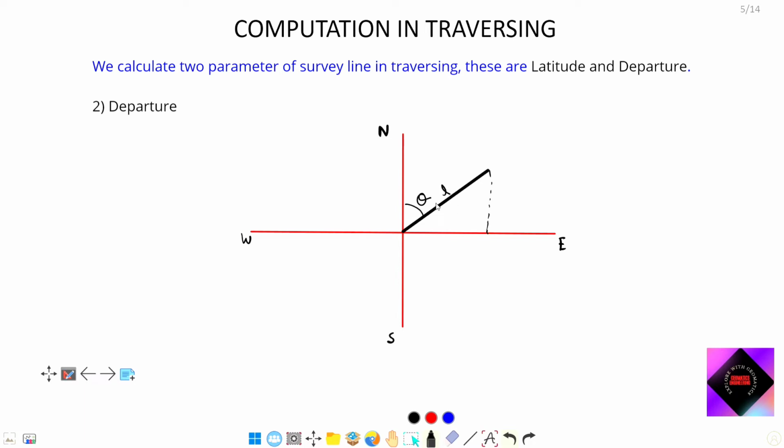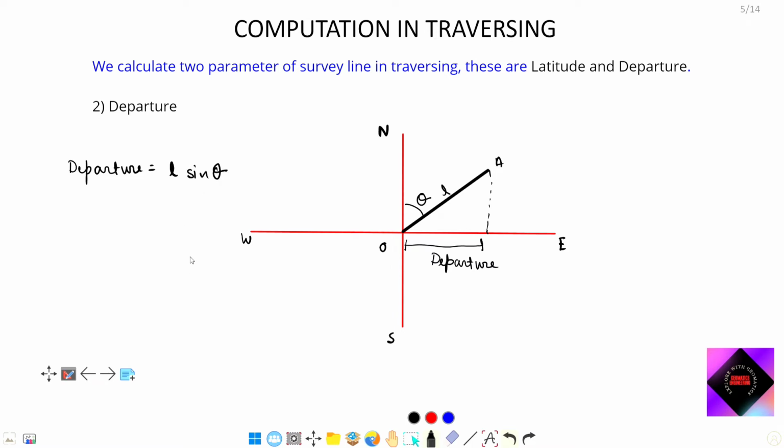This is our forebearing, this is the length of the line, OA. This one is the departure, the projection of the line on the west-east axis. We can calculate departure as L sine theta, with theta from north.